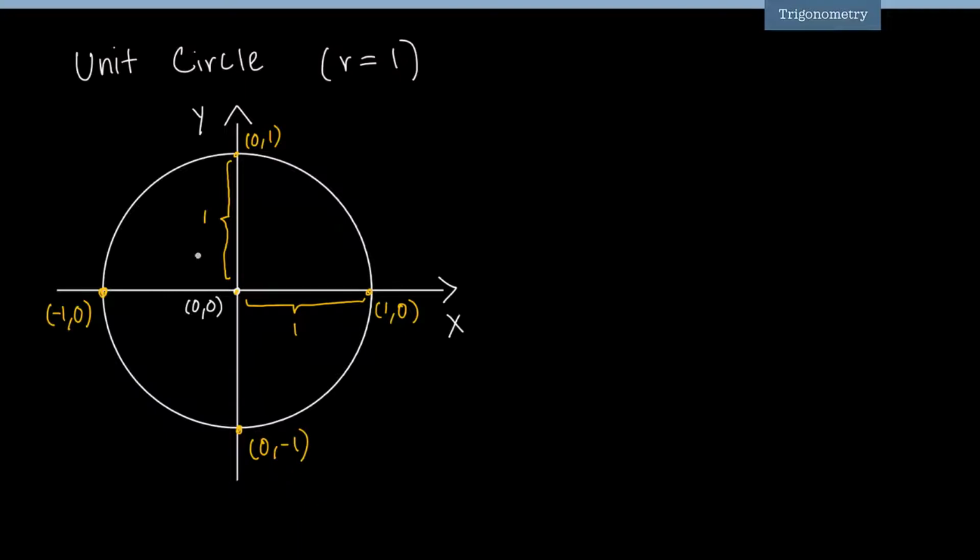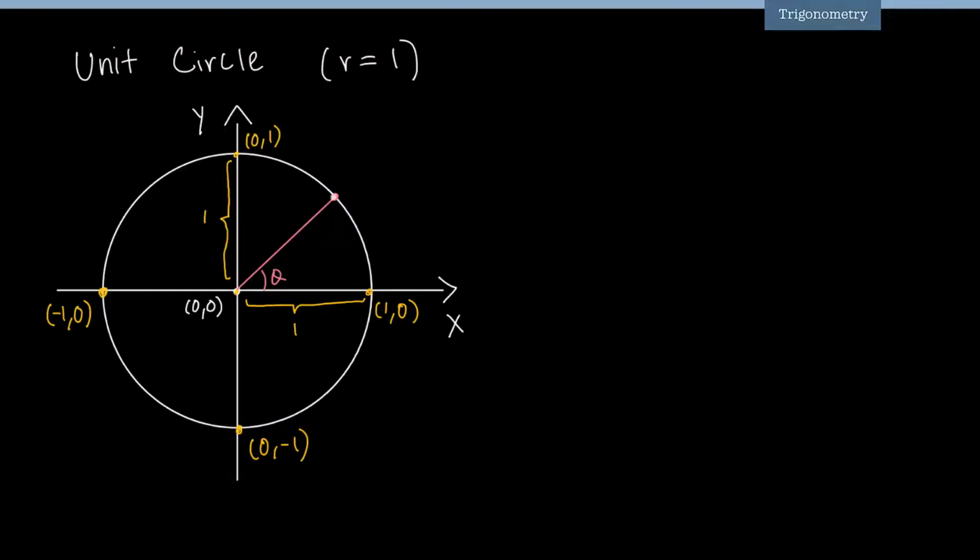And what we are going to do in this unit circle is draw a line from the origin up to any point on the circumference. So let's say I draw this line from the origin up to this point like this, and let's say that the angle of this line from the x-axis is theta. So the point of intersection of the terminal side of this angle and the circle is going to be this point over here.